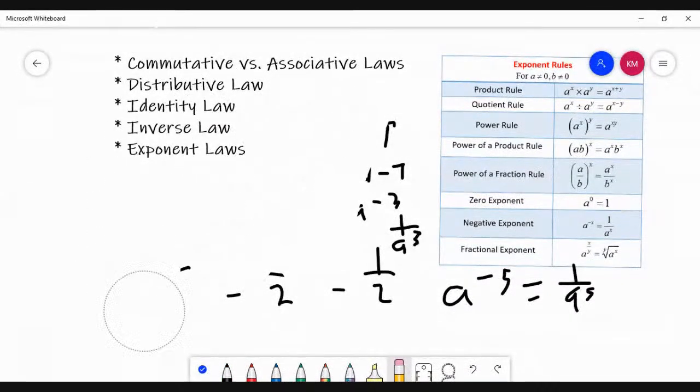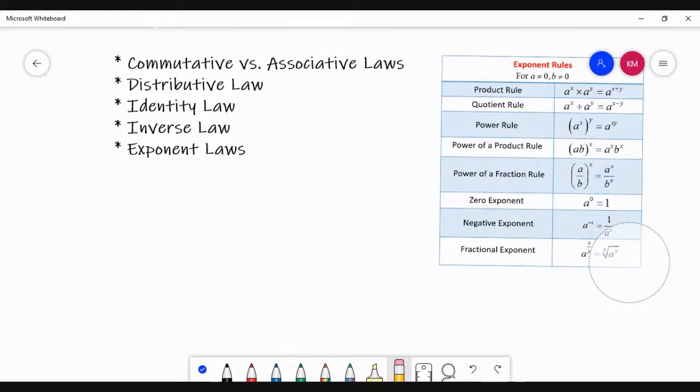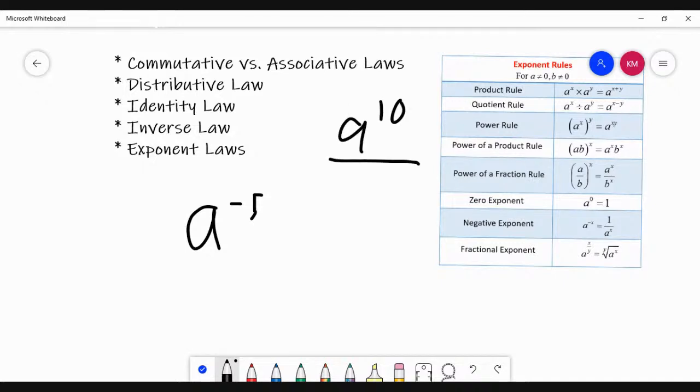Question is, where did the 5 come from? So say for instance, the 5 came from either a to the negative 5th, because that was one of the problems that was given, or say for instance, I had a to the 10 over a to the 15.